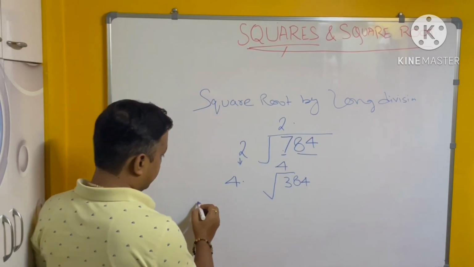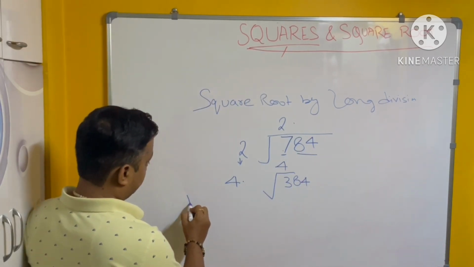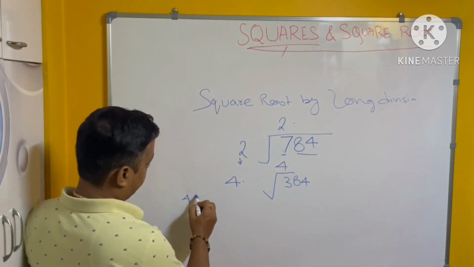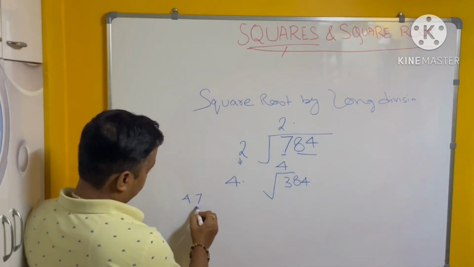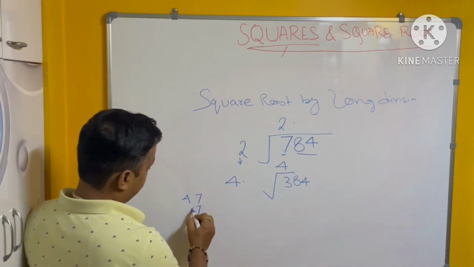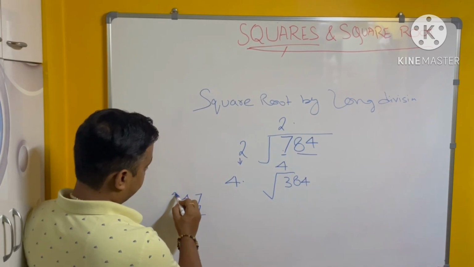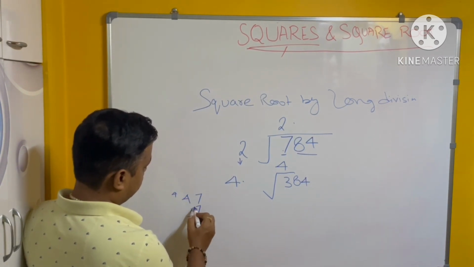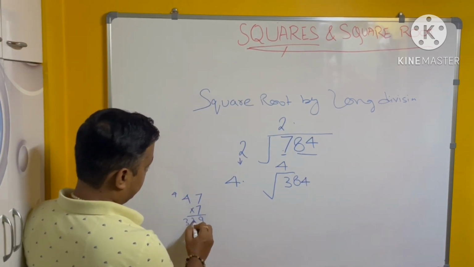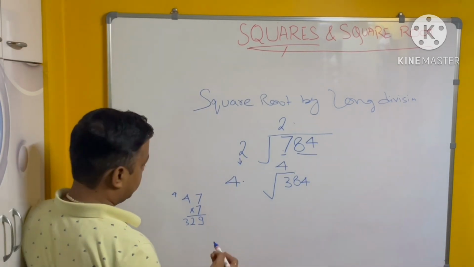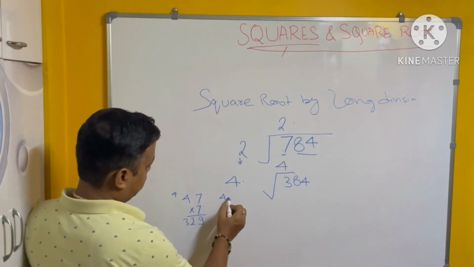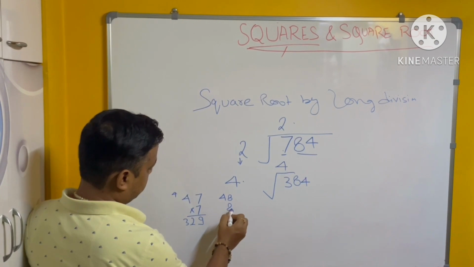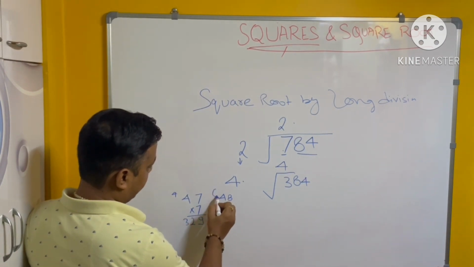So basically, if I take 47, then 7 will come here, and what will be the product? 329. So I'll choose 8 and I'll check.